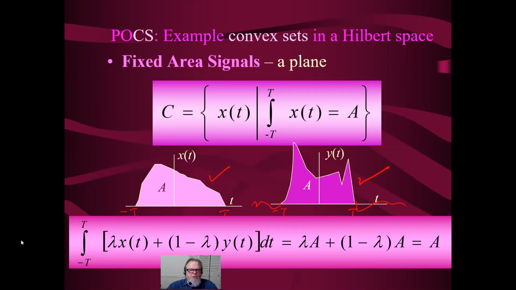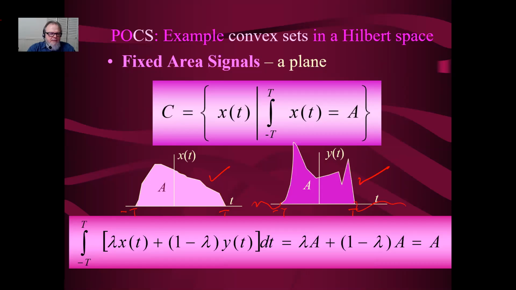This is really easy to show because say we have two functions that have an area of A, and we take lambda times one of the functions plus 1 minus lambda times the other function. This is almost trivial because what's the area of x of t? The area of x of t is A. What's the area of y of t?